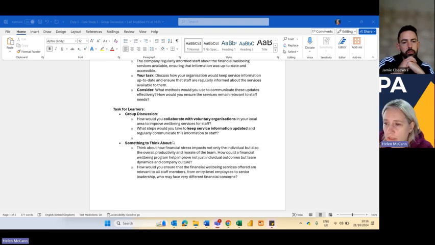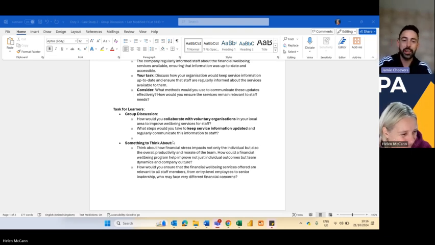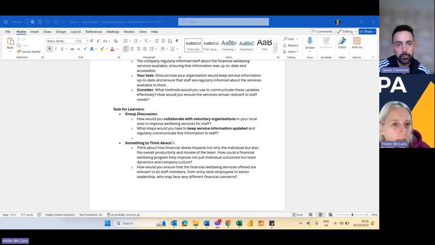So what things do you think could be put in place then? Definitely. Straight off, the fact that I don't know what support exactly there is means it needs to be shown more and advertised more to staff members. How would they put things out there in your workplace?